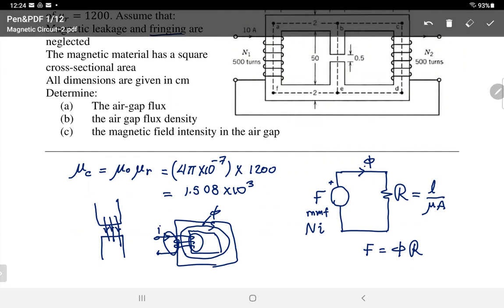Practically speaking, you will find that there will be bending on the side because there is a gap, so it's not going straight, making fringing around. We are going to neglect that because it's a small portion, like 2%. So everything is in a straight line to make our analysis simple. That's the assumption that we are making in this problem.